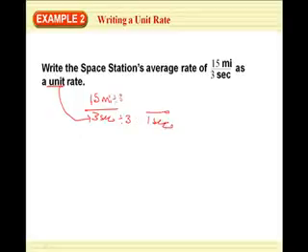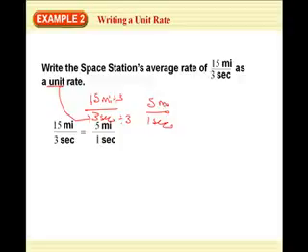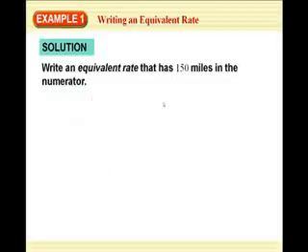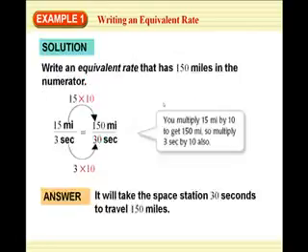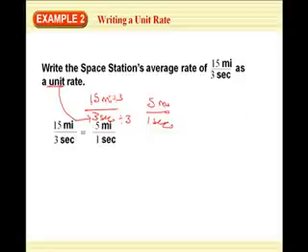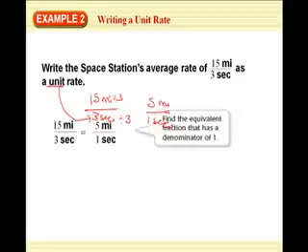So we also divide this by 3, so it goes 5 miles in 1 second. Did I do that right back there? Yeah, I did. Okay, so that's our unit rate. So you've got to be really careful when it says to use the unit rate to get a 1 down at the bottom.